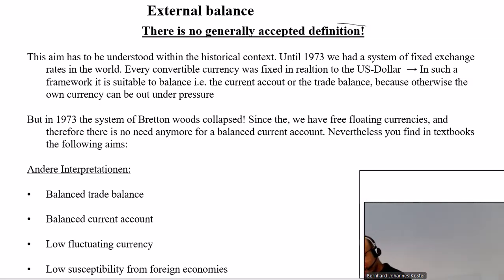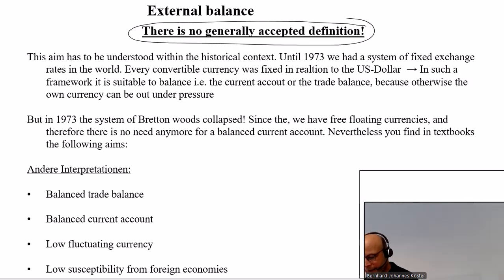And here we have to admit that we do not have a generally accepted definition. What do we understand by external balance? As I showed, we even have it in the German law that politics have to look for an external balance. But this law was implemented in the 1960s.